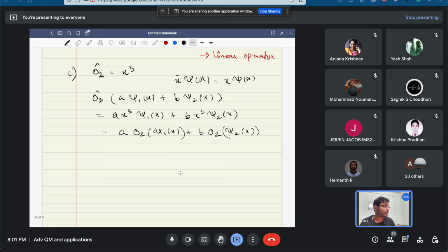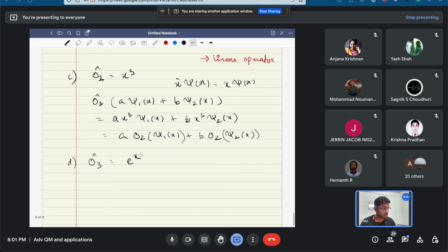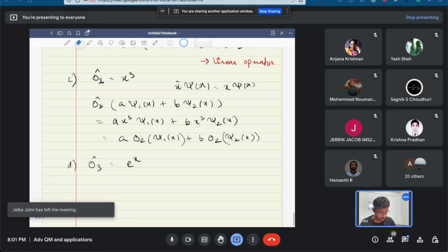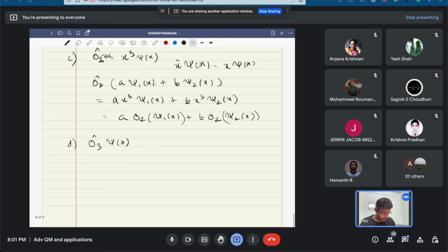And let's say we take O3, another example, to be e to the power x. Sorry, let's say I define it as O3 psi of x equals e to the power psi of x.